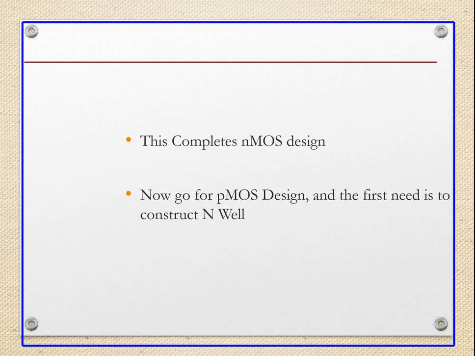Now we should go for the PMOS design, and the first need is to construct the N well, because on the same substrate we want to prepare both the devices. For the P MOSFET, as we require a structure of the PNP type, that N well should be created first.